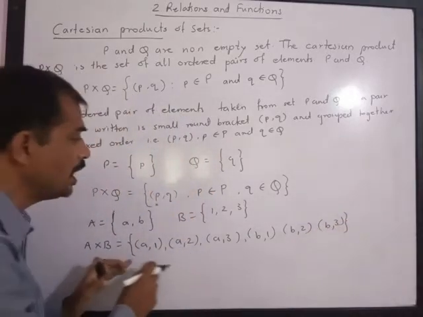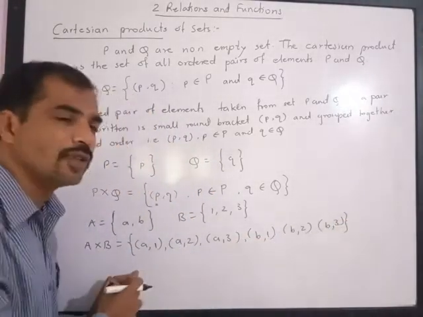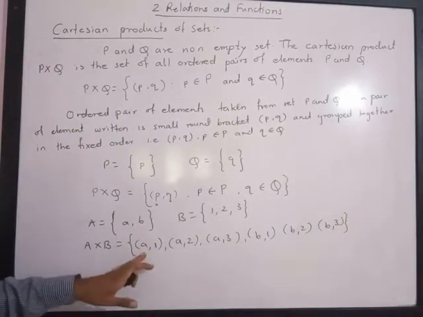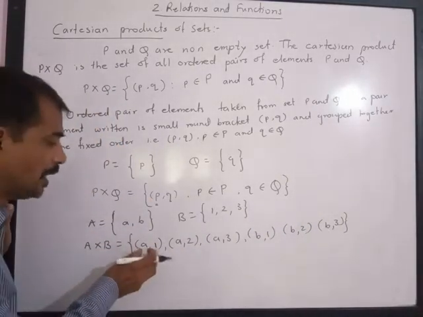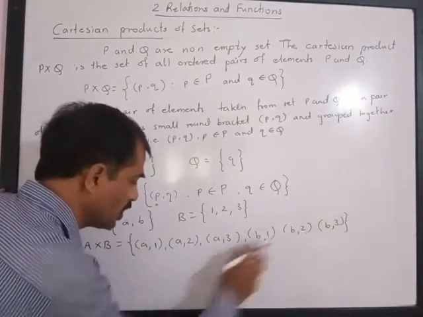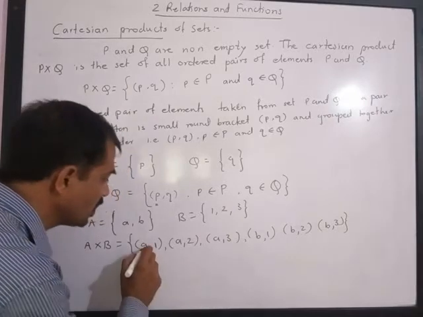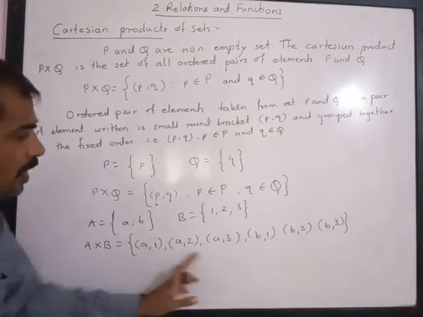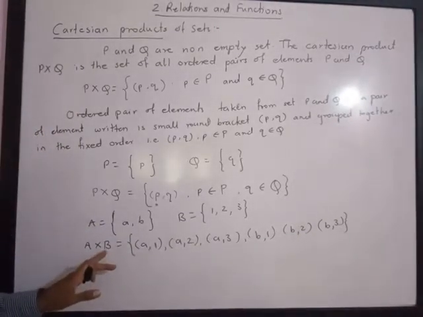You can understand there is a fixed sequence, a fixed order of the two elements. Please note, the first element always belongs to set A, and the second element of each bracket belongs to set B.